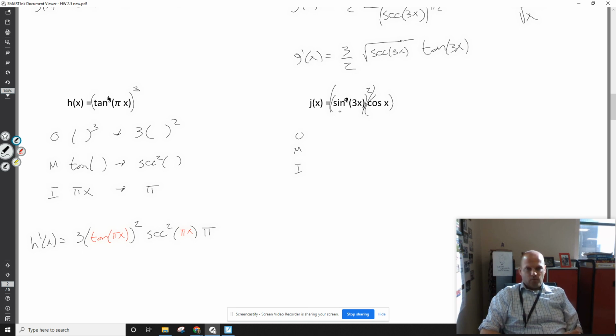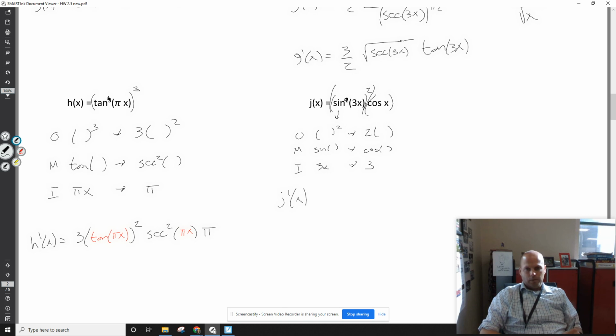So for the first derivative, you have this OMI composition. You have the square, the sine, and the 3x. I'm not worried about cosec yet because that's the second piece. It's a product. So I got 2 stuff, cos stuff, 3.